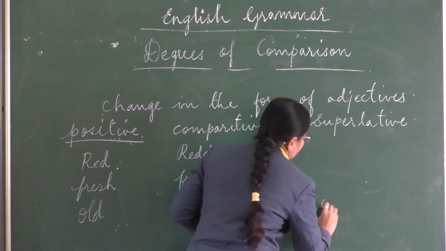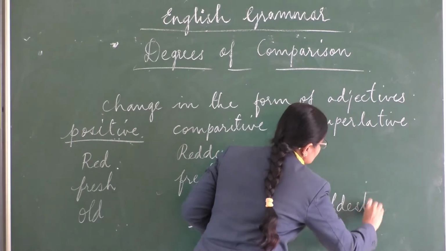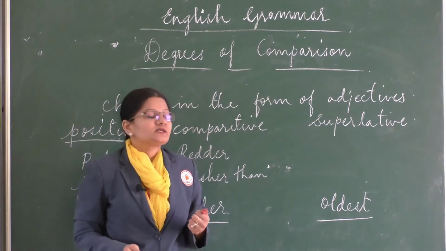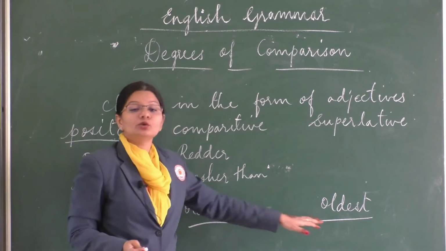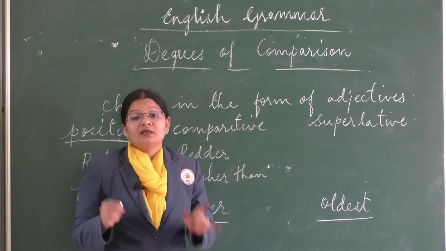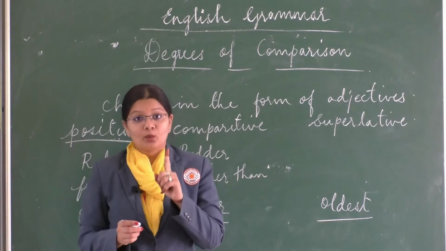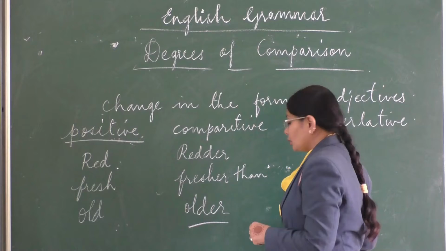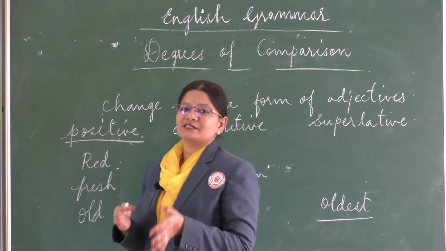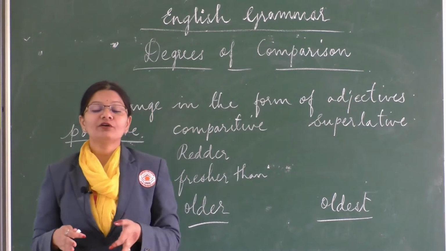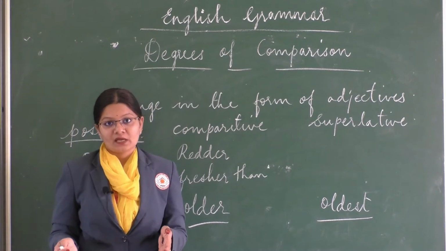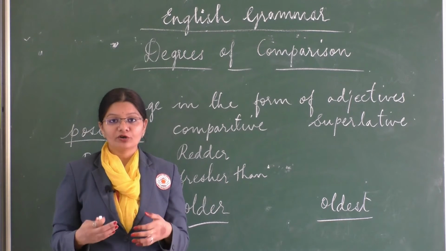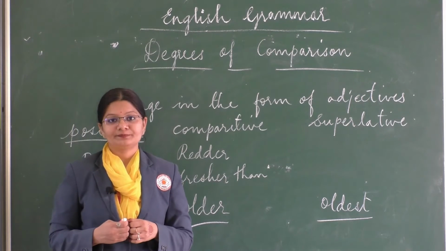So here the form changes, that is to oldest, right? So old, older, oldest. The adjective is one, old, and it has taken three forms: old, older, oldest. This is called degrees of comparison. Now let's learn more about them and work on a few more examples.